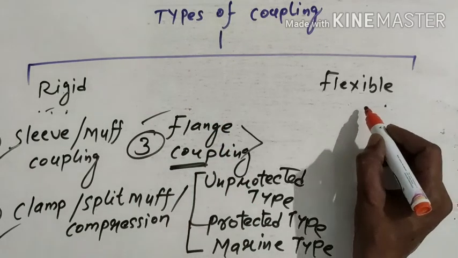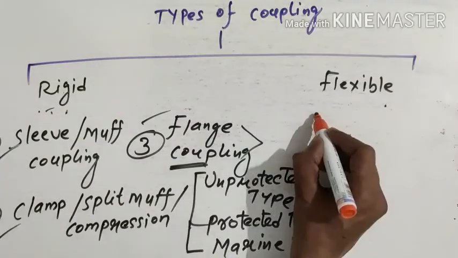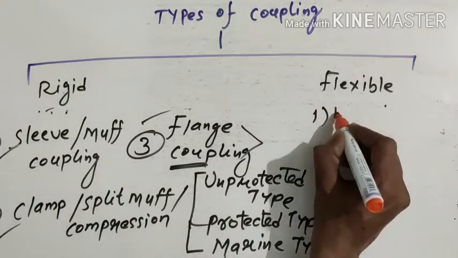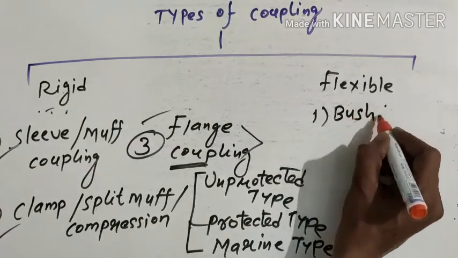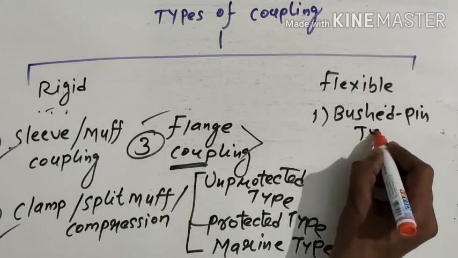What are the types of flexible coupling? There are certain kinds of flexible couplings. That is the bushed pin type. Remember, the name is bushed pin type flexible coupling.